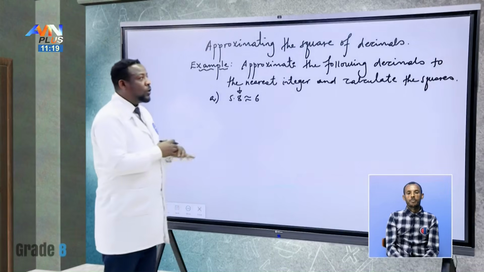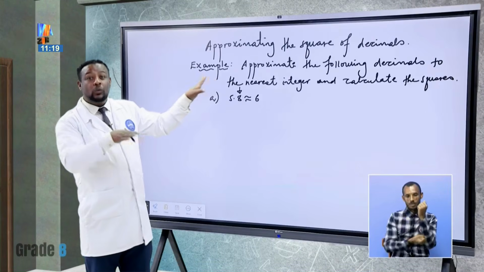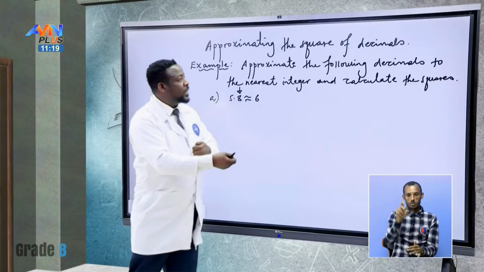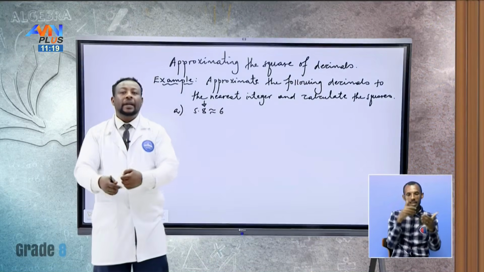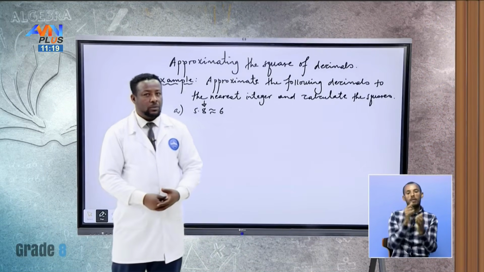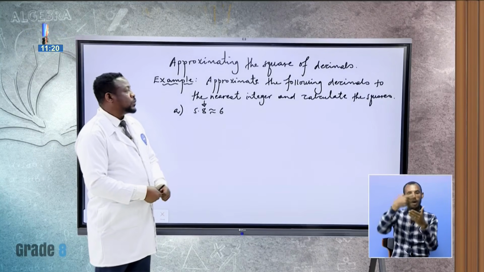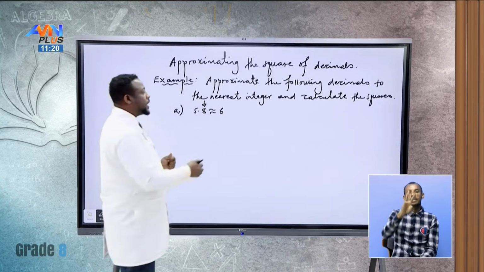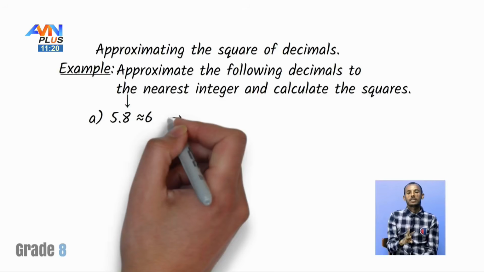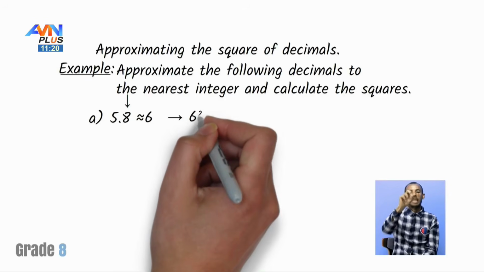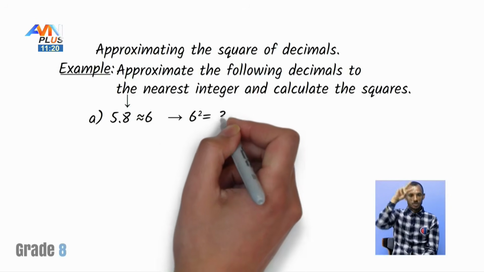According to this example, we are asked to round it to the nearest integer and calculate its squared value. So the squared value of 6 becomes 36. So 6 squared becomes 36.